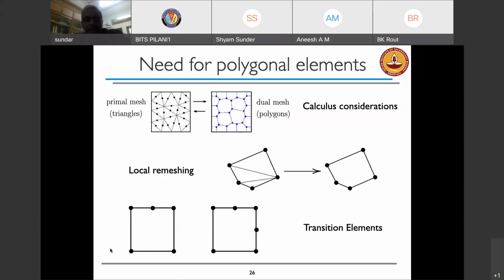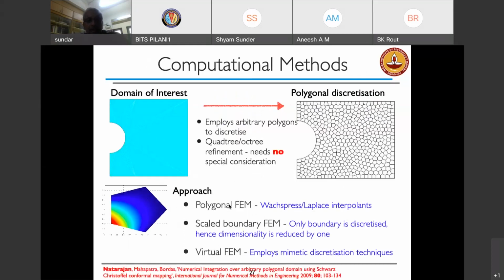For example, this is typically a four-sided element, but with an additional node on one of the sides, and additional nodes on two of the other sides. Can I now, without triangulating it, use this as a polygonal element with 5 sides, a polygonal element with 6 sides? That is now possible.